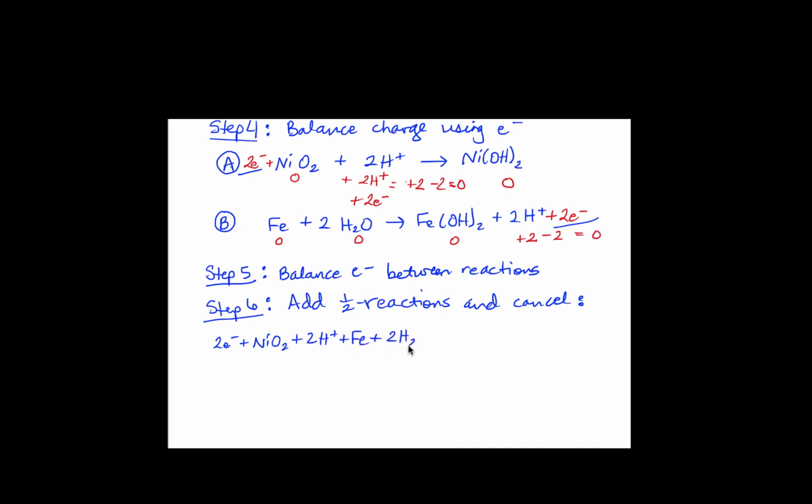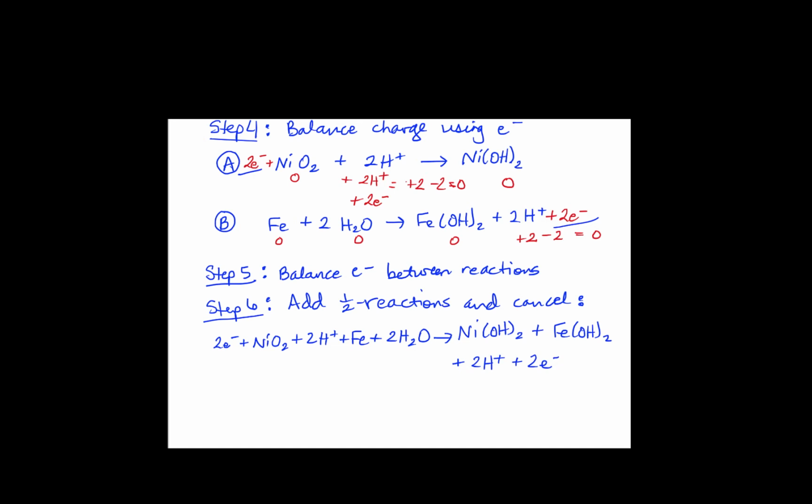That's everything that's on the left-hand side of my arrow. And then I'll have nickel hydroxide, iron hydroxide, 2 hydrogens, and 2 electrons.